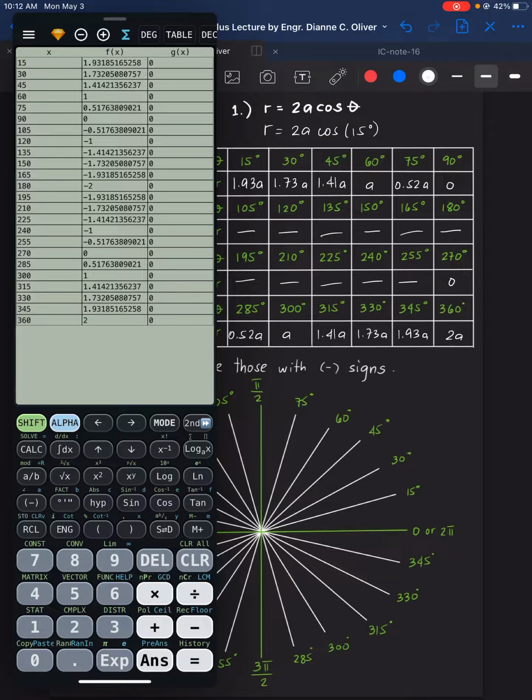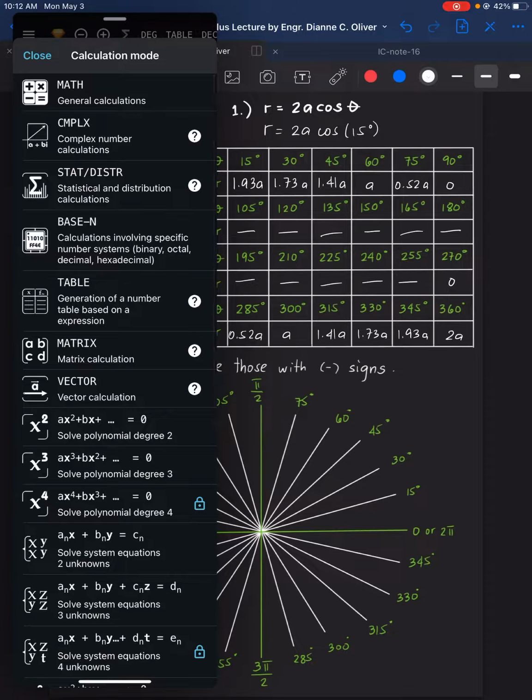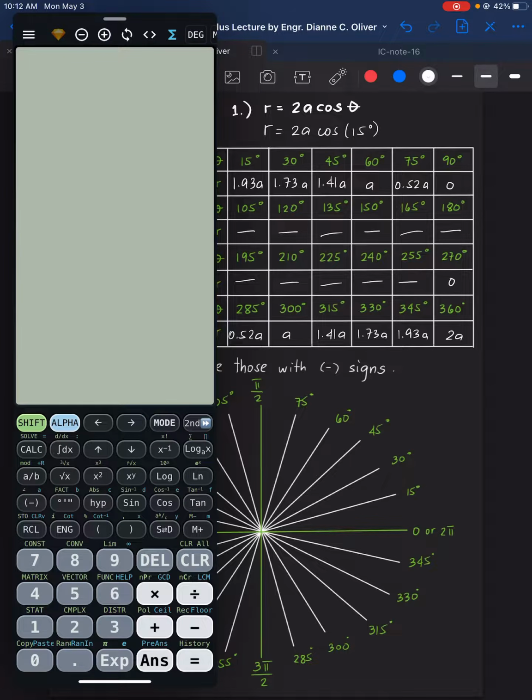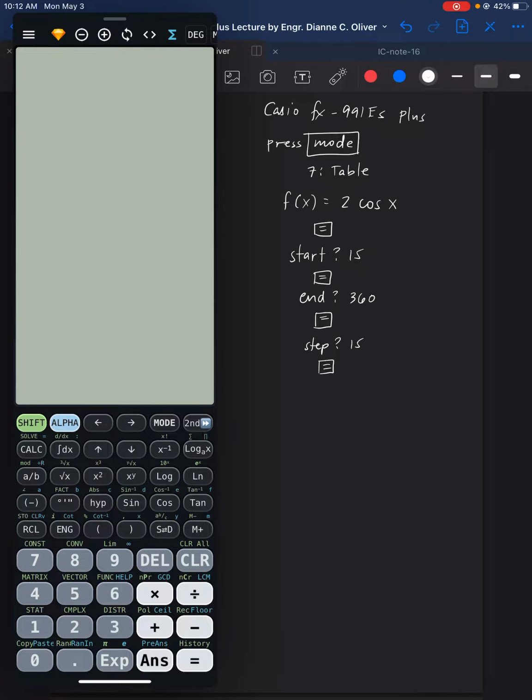Then to go back, you just have to click mode in your calculator, or click AC or all clear, so that you can clear off all that's inside the table, or you just click mode, then go to number 1 computer.